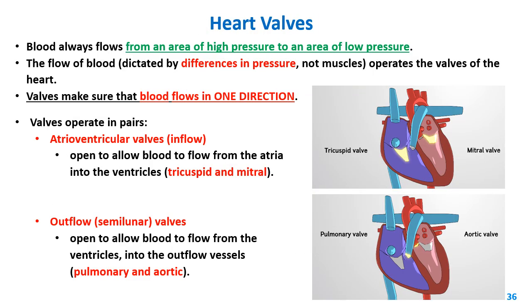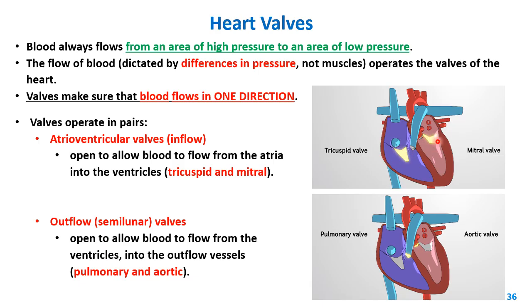All right. So what controls the direction of the blood is basically the difference in pressures, and what builds up the pressure is really the presence of the valves. Okay, so you have two sets of valves. You have valves that are between the atria and the ventricles.